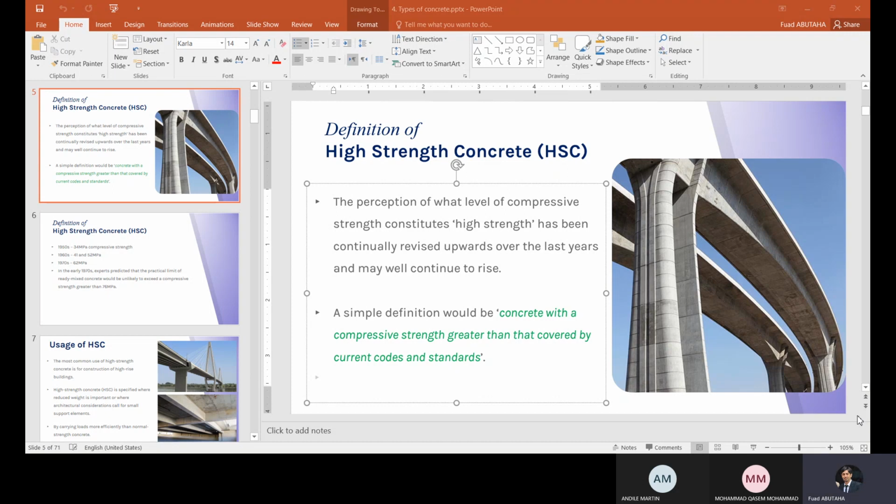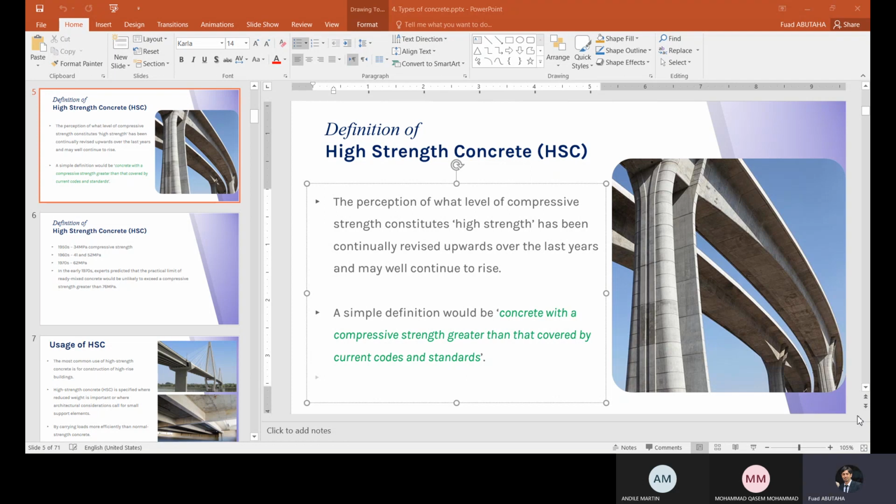Both of these factors, using less water and using small particle size, will help the strength of concrete, but they also decrease the workability. Of course, if you reduce the water, the concrete is no longer workable.